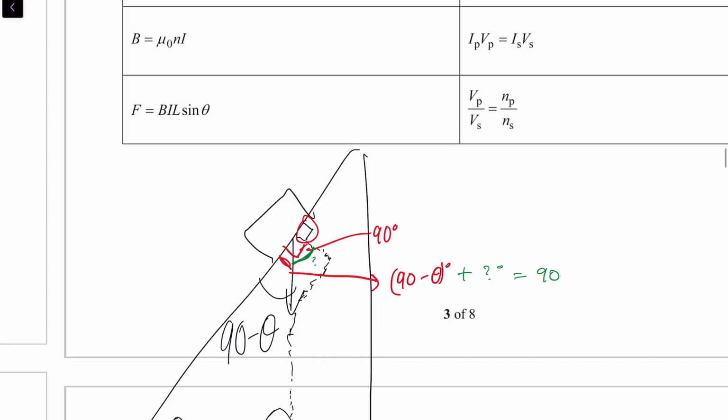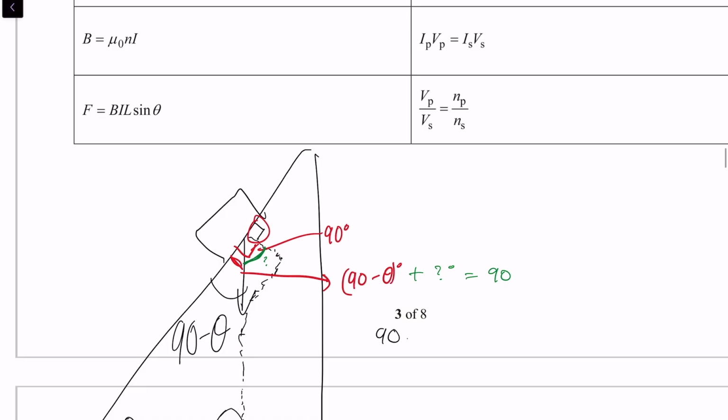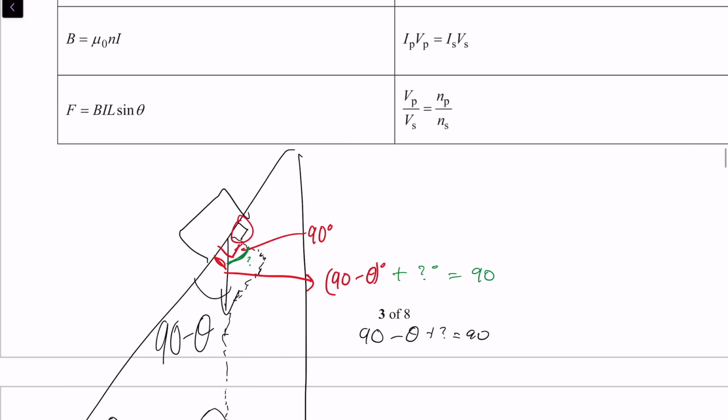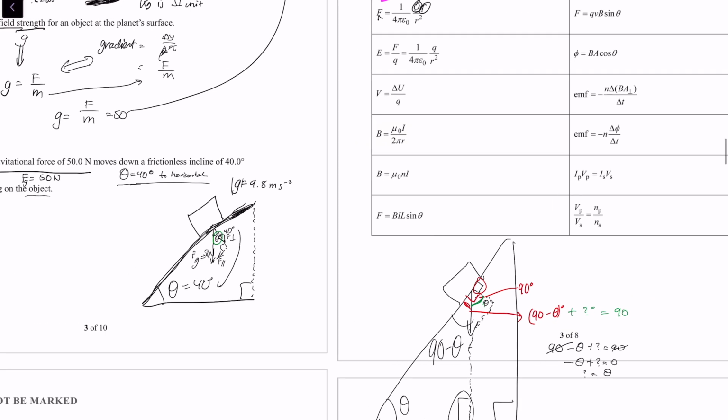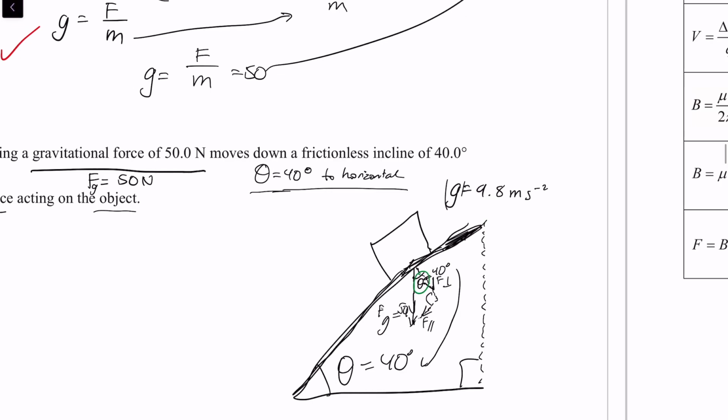So with a little algebra, 90 minus theta plus question mark equals 90. Cancel out 90 on both sides, so negative theta plus question mark equals 0. Therefore question mark is equal to theta. So the unknown green angle here is literally theta. That's how I prove to myself that this angle right here is theta.